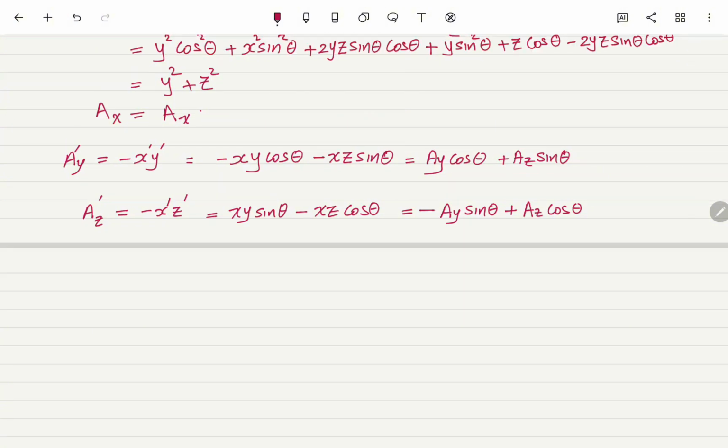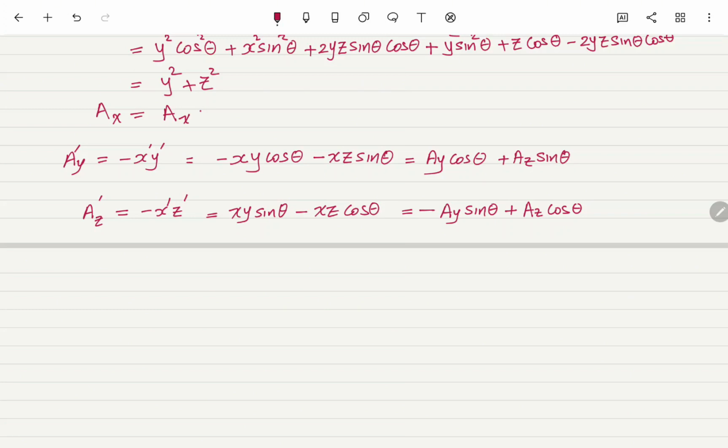From the above, y square plus z square, minus xy and minus xz satisfy the vector transformation rule for rotations about the x-axis. Now we need to check if these vectors satisfy the vector transformation rules for rotations around the y-axis.